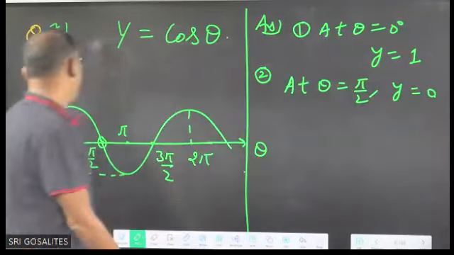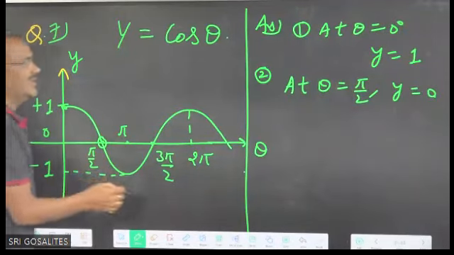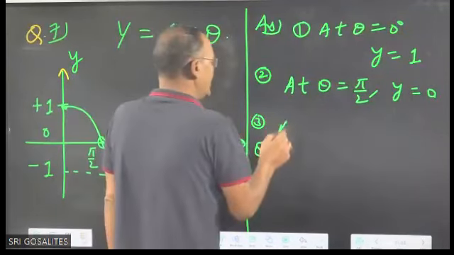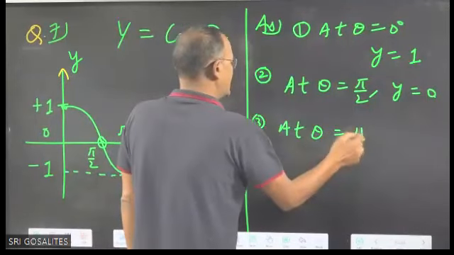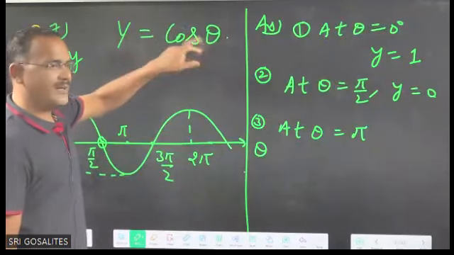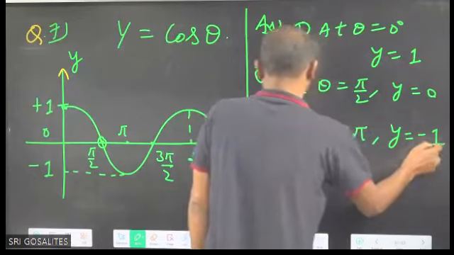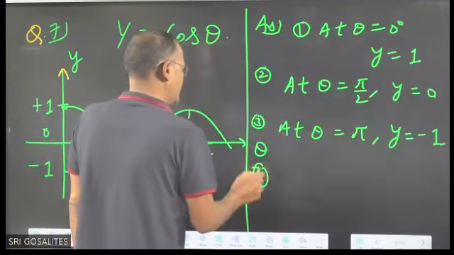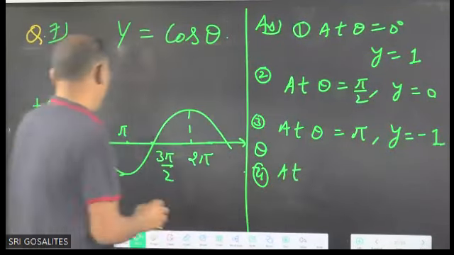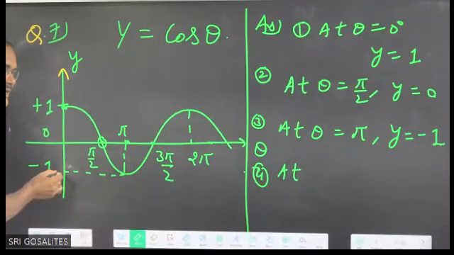So the graph will start from the maximum value like this and come down to 0. Now at theta equals pi, means 180 degree, cos 180 is -1. So the y value is -1. When the angle is pi, 180, the cos value is -1.